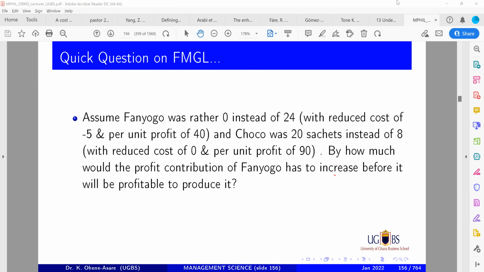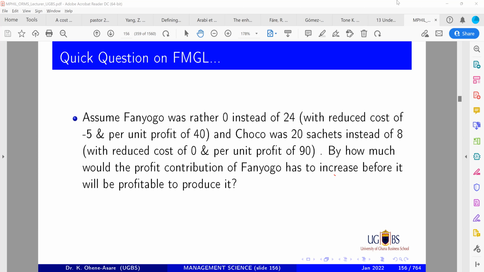And then when you go to fine choco, it was 20 instead of the 8. And the reduced cost, which was previously 0, still remains at 0. But the profit is not 50 anymore, it is 90. By how much would the profit contribution of fine yogurt have to increase before it will be producible?